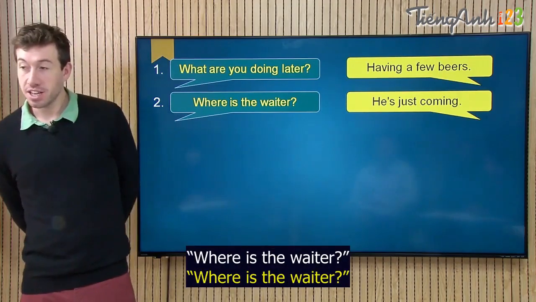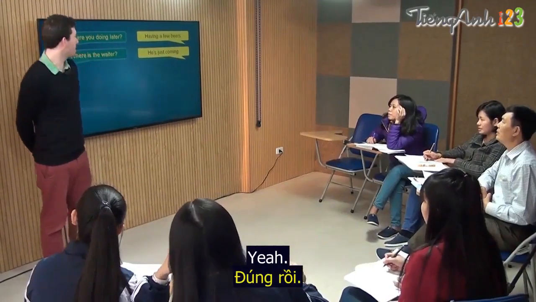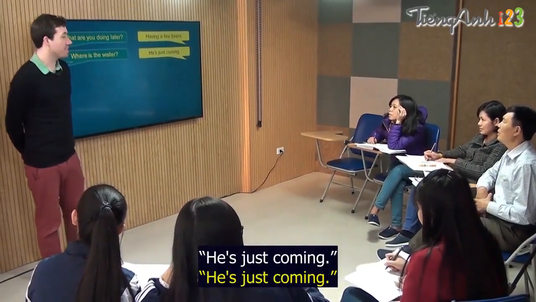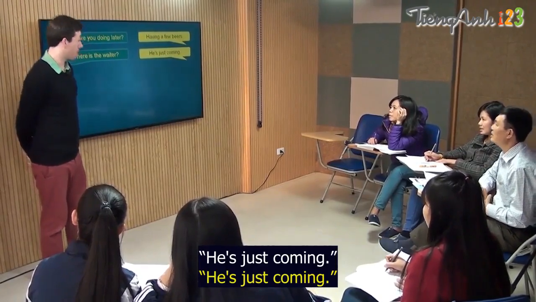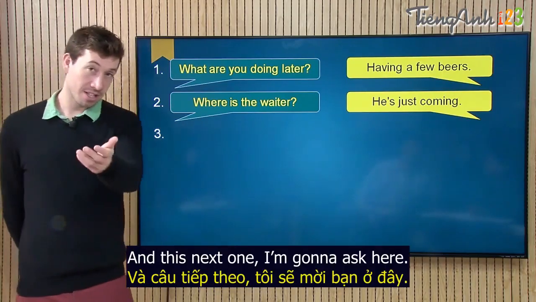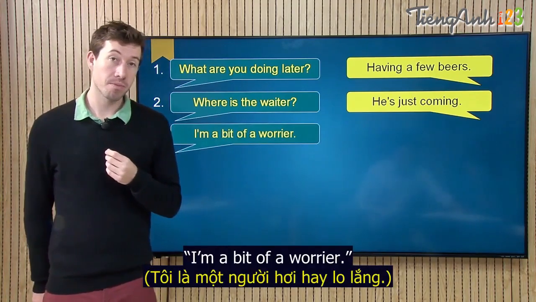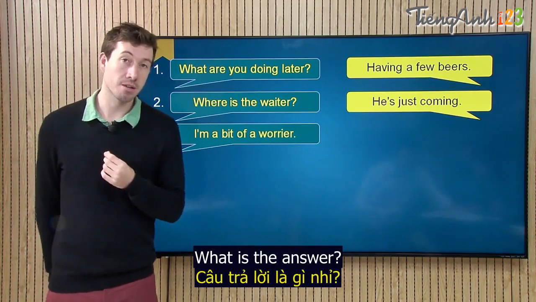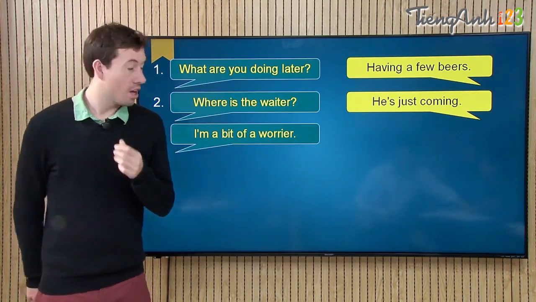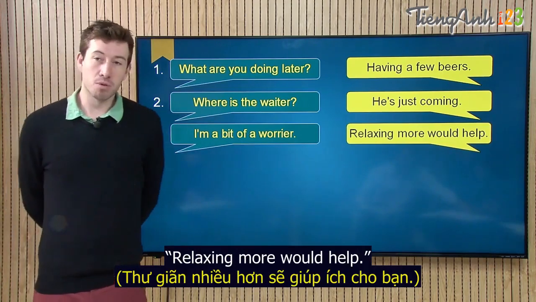Where's the waiter? He's just coming. Okay. And this next one, I'm going to ask here. So we've got, I'm a bit of a worrier. What is the answer? Okay, the answer is relaxing more would help.